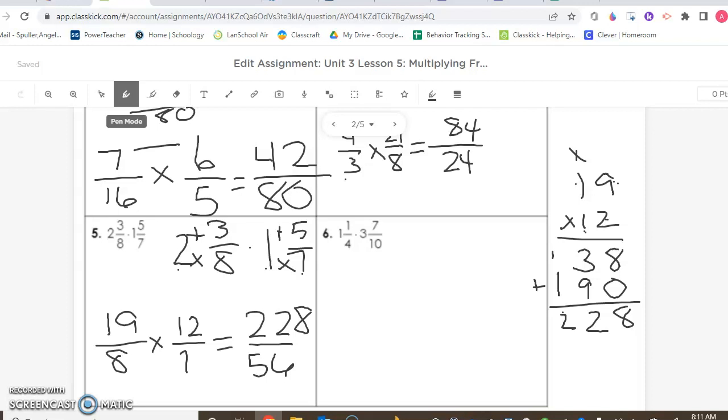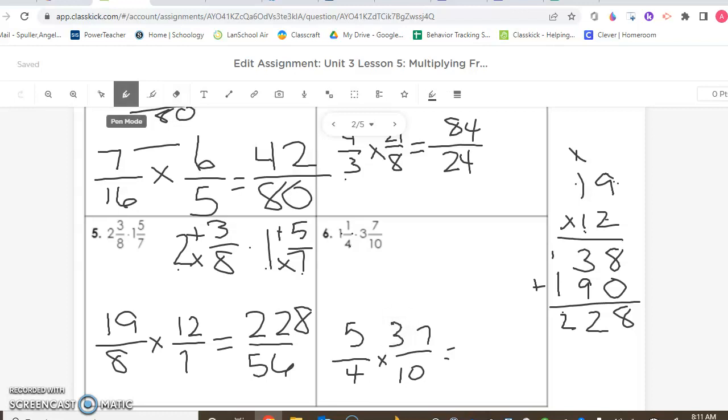Okay, let's do it again. 4 times 1 is 4 plus 1 is 5 over 4 times, remember the dot in between, that's another symbol of multiplication. So 10 times 3 is 30 plus 7 is 37 over 10.